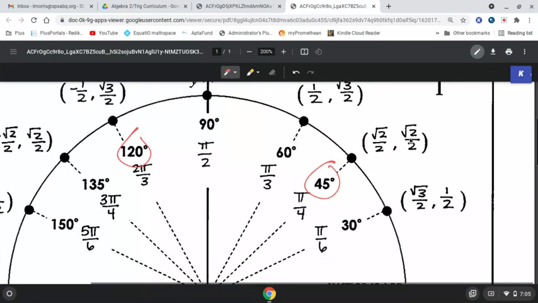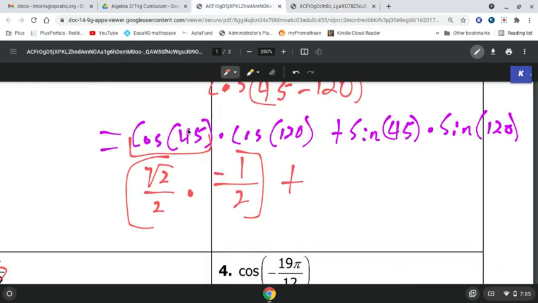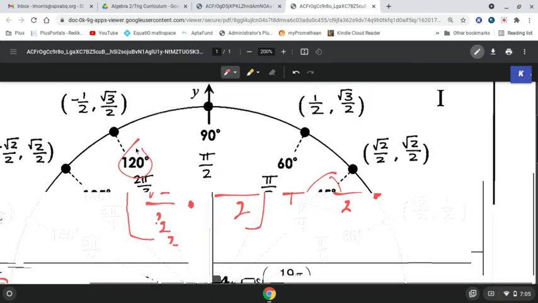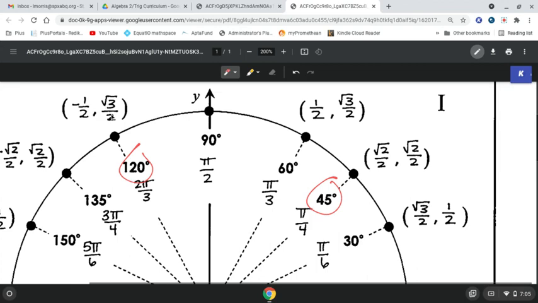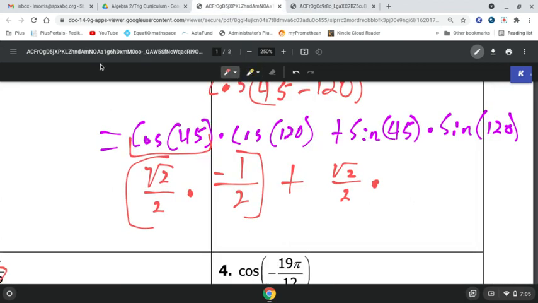Now we're going to look at the y-coordinate, and it's square root of 2 over 2. So square root of 2 over 2 times sine of 120. So we're going to go to 120, look at the y-coordinate. It's square root of 3 over 2. And we're going to multiply those two.